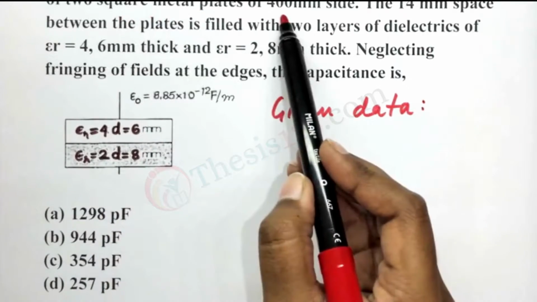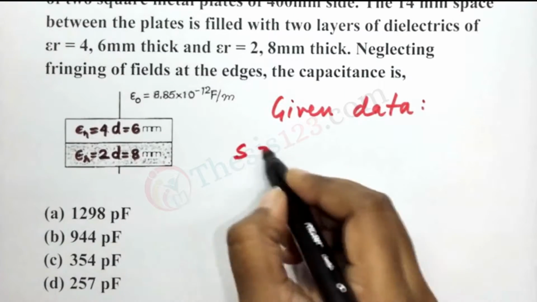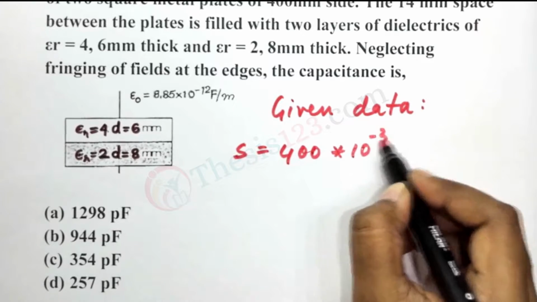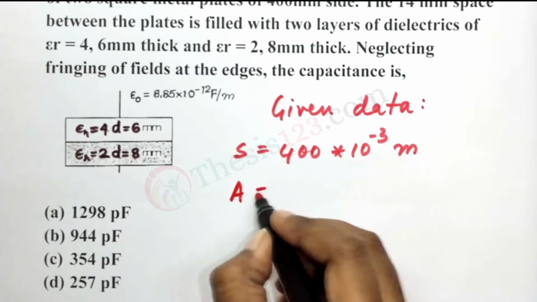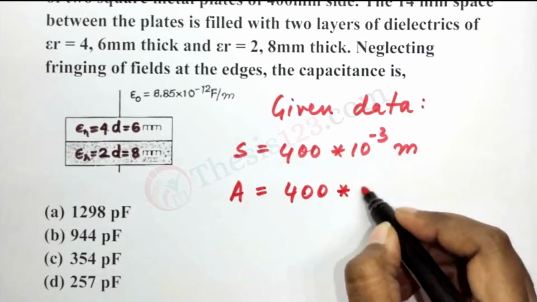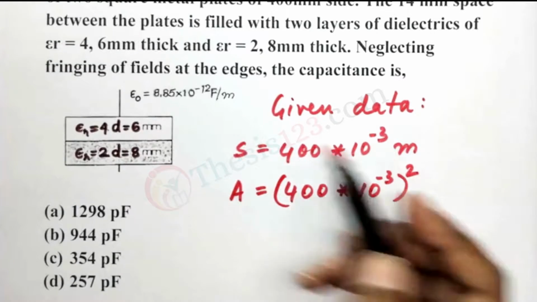First, the side of the metal plate is given as 400 mm, so that's side 400 into 10 power minus 3 meters. Then let's write down the area. Area is side square, so that's 400 into 10 power minus 3, squared.